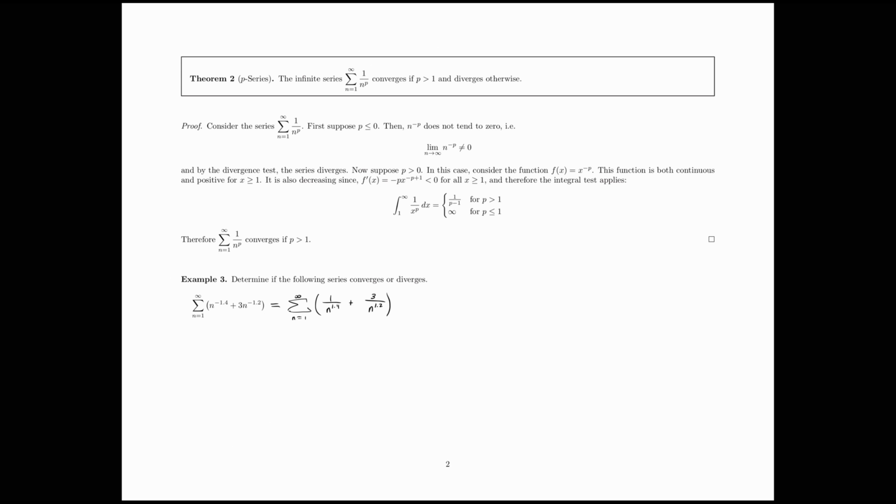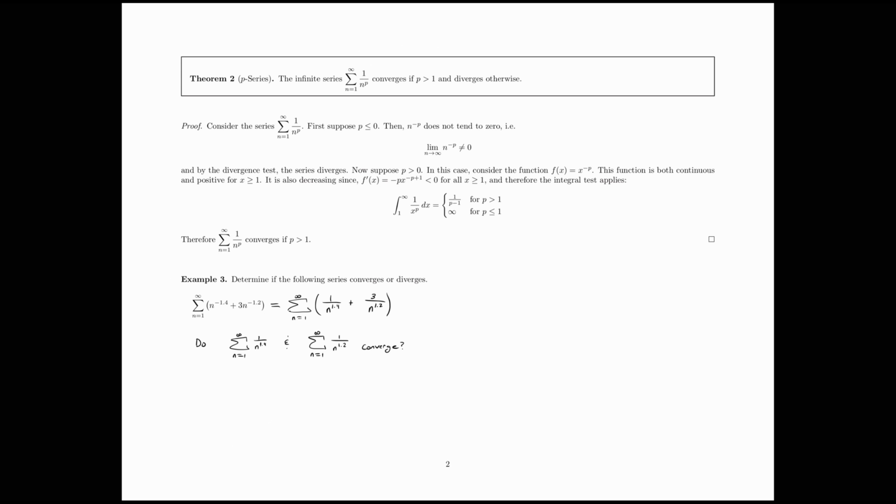So what I'm going to do is determine if the following two series converge in and of themselves. So the question is, do the series from n equals 1 to infinity of 1 over n to the 1.4 and the series from n equals 1 to infinity of 1 over n to the 1.2 converge?